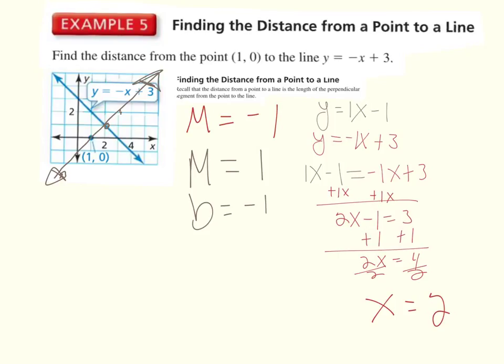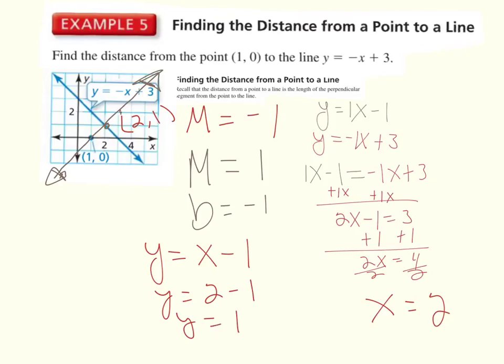Now that we know our x value equals 2, I need to find my y value. All you have to do now is take that 2 and plug it back into either one of your equations. I'll plug it into y equals x minus 1, so y equals 2 minus 1, so y will equal 1. So that point is (2, 1).